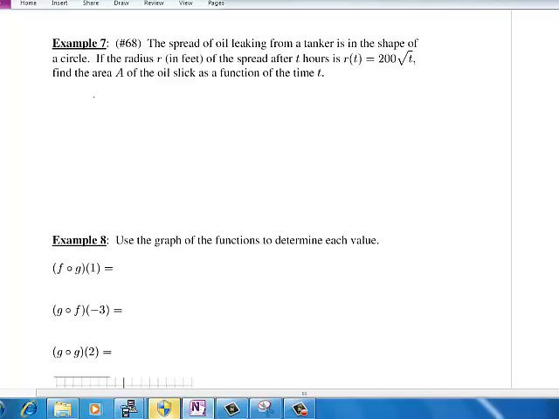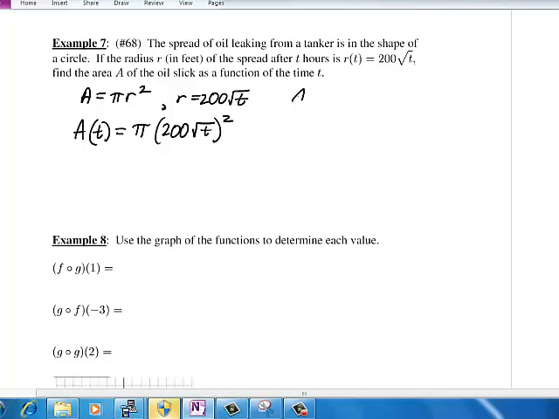So the idea is that area is pi times the radius squared for a circle, and that the radius is 200 times the square root of t. So area as a function of t directly would be pi times 200 times the square root of t squared.